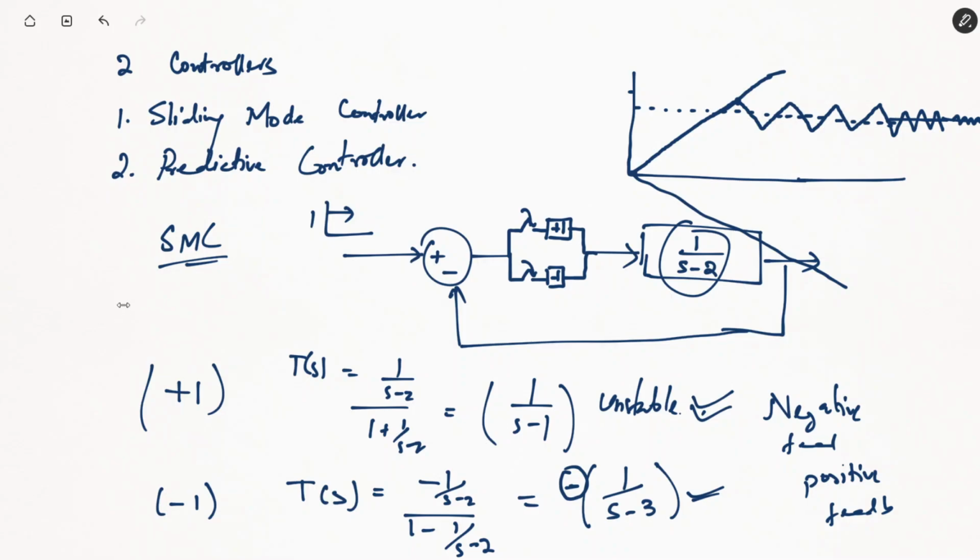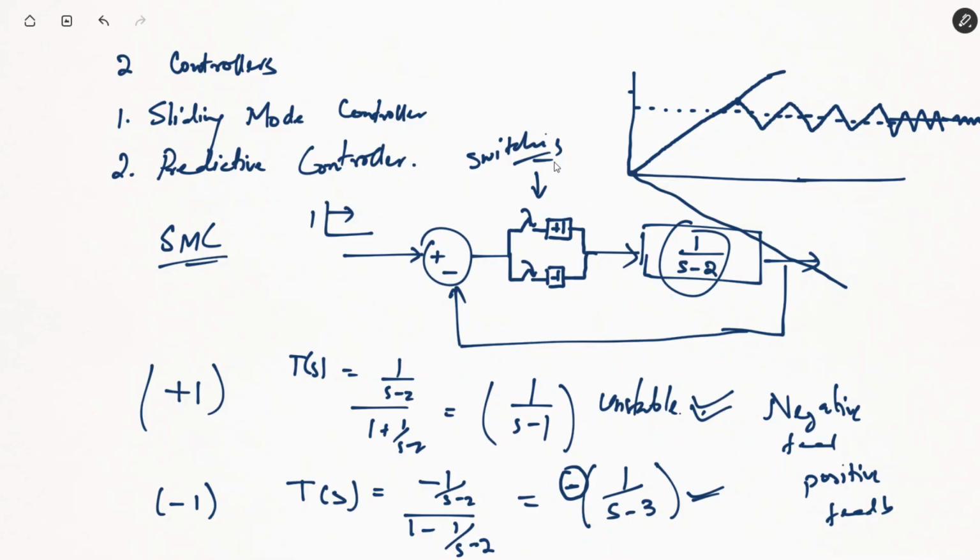So without going much into the details about the sliding mode controller, we get that it simply uses a switching algorithm. It uses a number of algorithms, and switching is one such basis of the sliding mode controller. Using this algorithm, we can make the output follow the reference by making it slide over the steady state value.